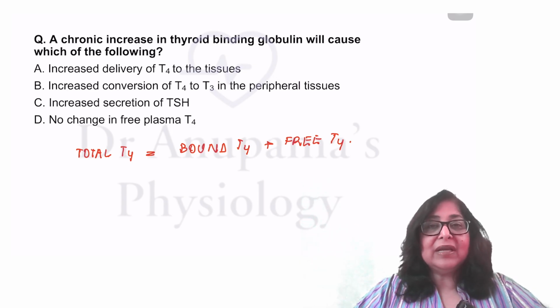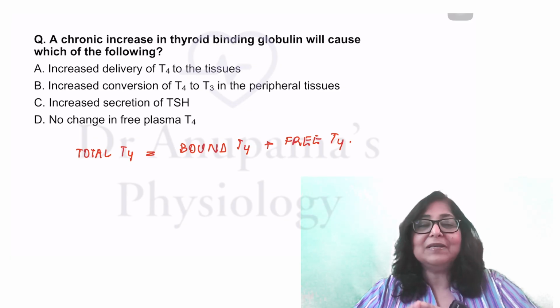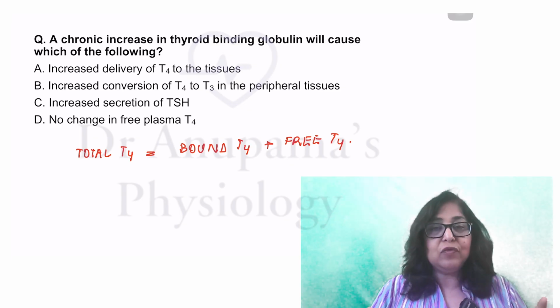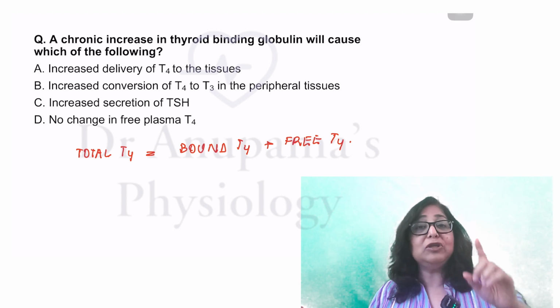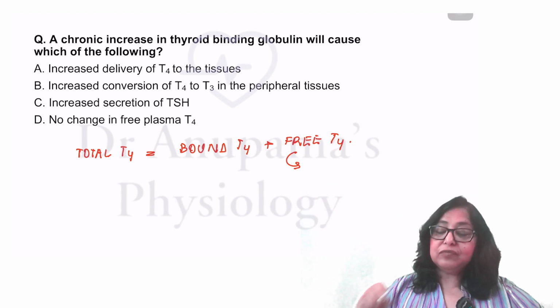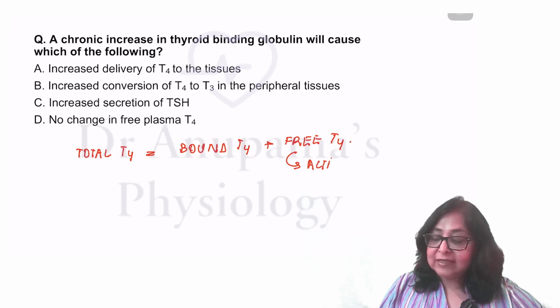T4 we know is almost 99.89% bound to proteins. So when I look at the total plasma T4, it is the bound plus the free. But you have to keep it in mind that it is the free T4 which is responsible for the actions as well as for negative feedback.